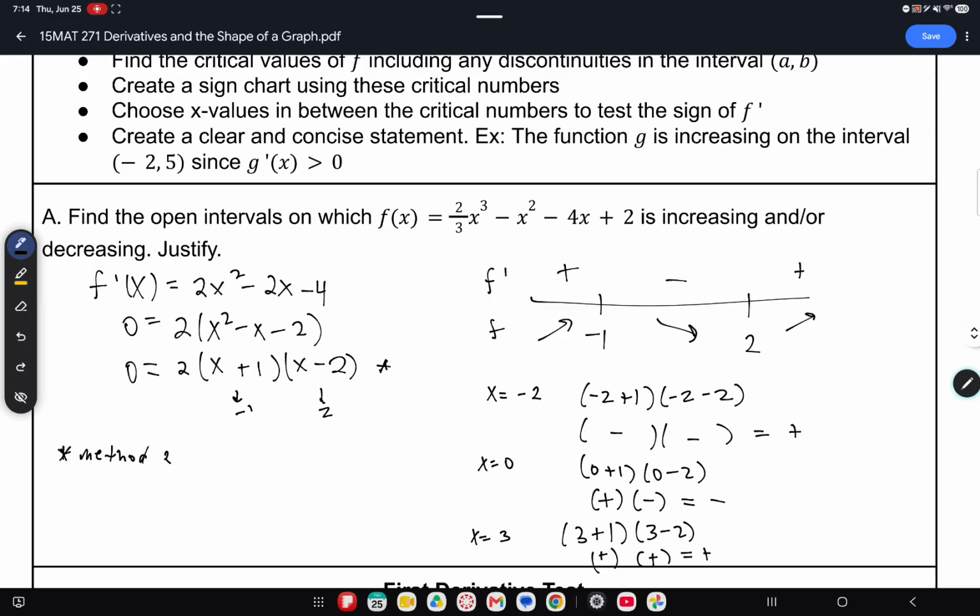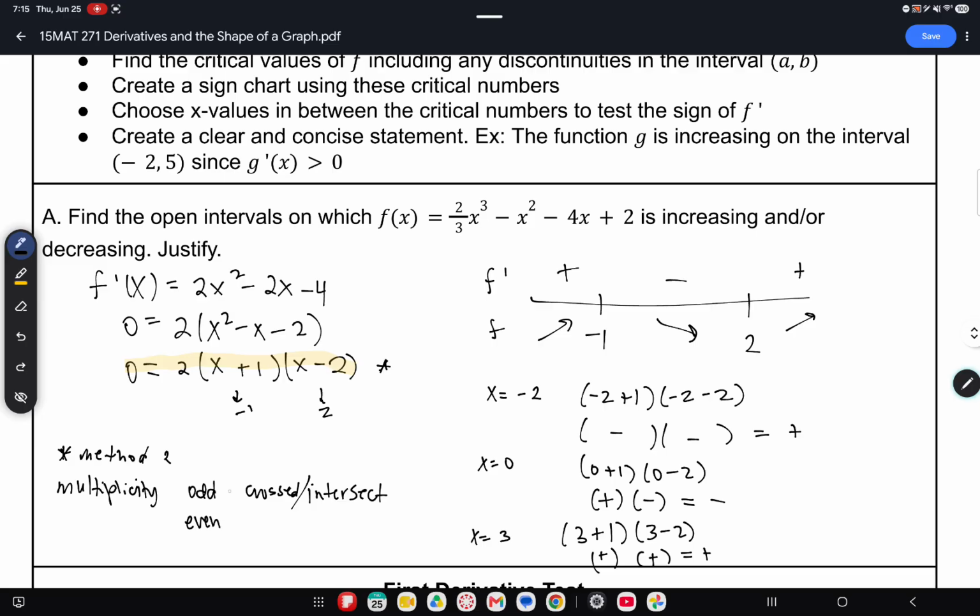So method 2. I look at it as we have found the derivative, and to find the critical numbers, we were finding the zeros of the function we were given. And if you remember anything about your pre-calc and finding zeros of really any kind of function, didn't we have something that told us the behavior of the zeros? Like if the multiplicity of the zeros was odd, then it crossed or intersected the x-axis.